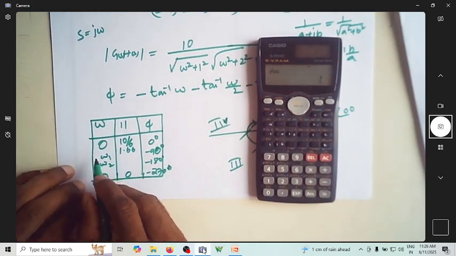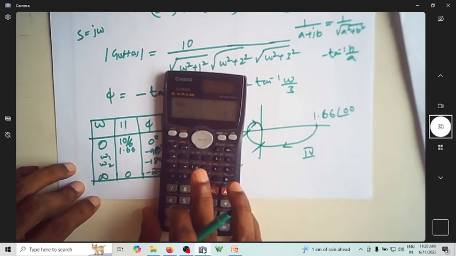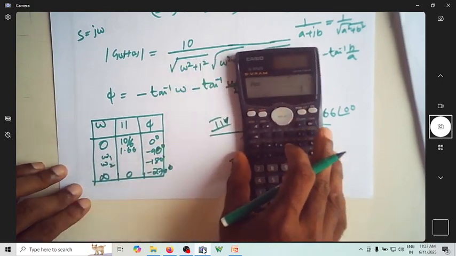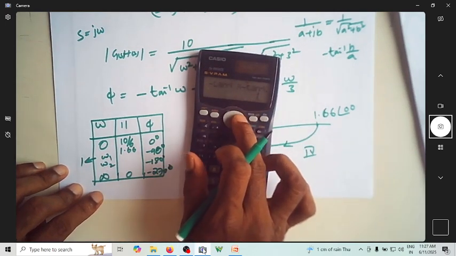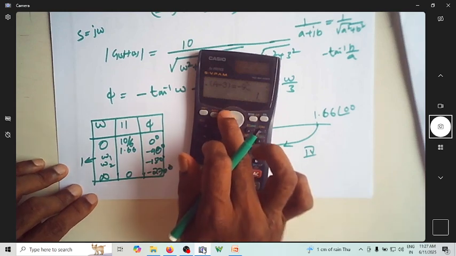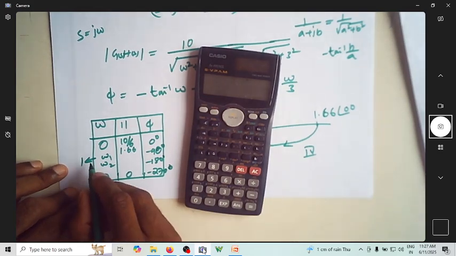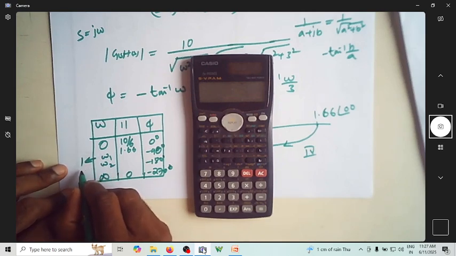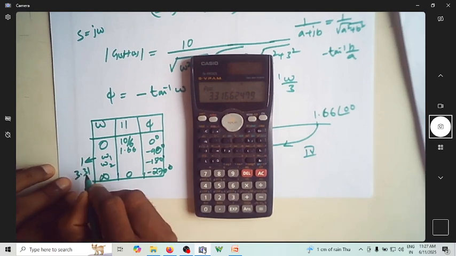So I'll get this omega, and it is coming out to be 1 only. So at omega equal to 1, I get minus 90 degrees. If I equate to minus 180 degrees, it is coming at omega equal to 3.31.